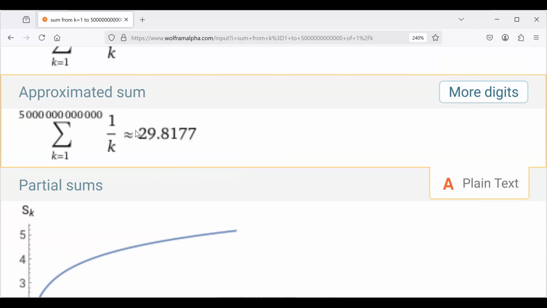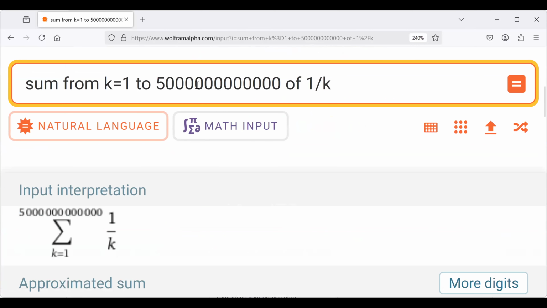This is a divergent series. It's a famously slow divergent series. We're up to hundreds, thousands, millions, billions, 5 trillion, and we've only hit 30 or so.